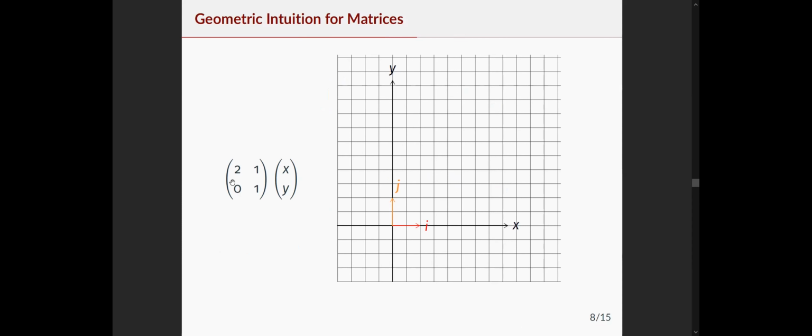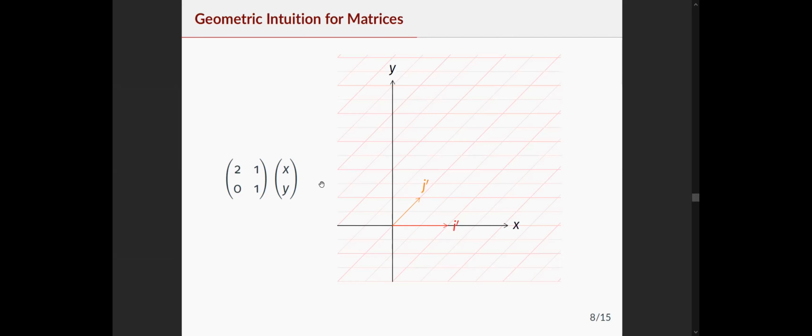The i will go to the first column, which is (2, 0), and the j will go to the second column, which is (1, 1). So it looks like that. But then what happens to the rest of the points? The rest of the points move along with the basis vectors, so the plane is transformed like that, and you have these new grids.